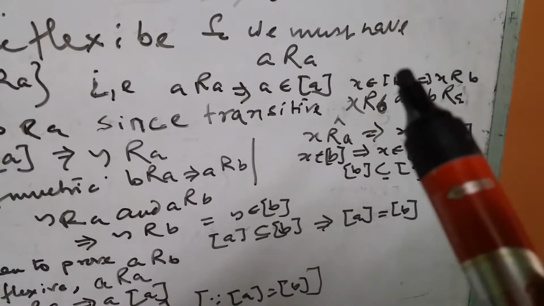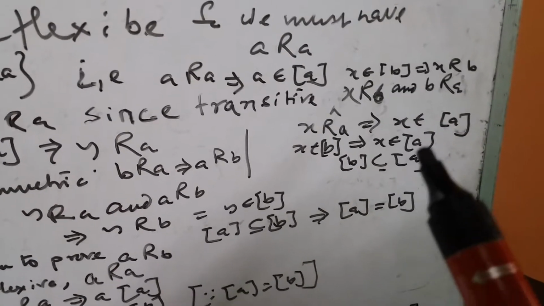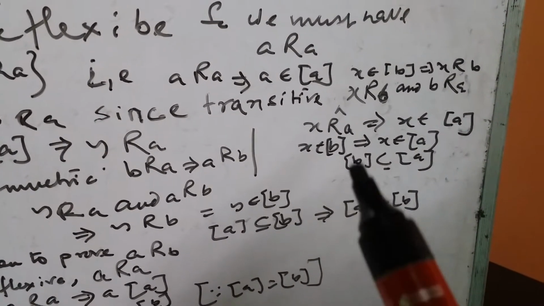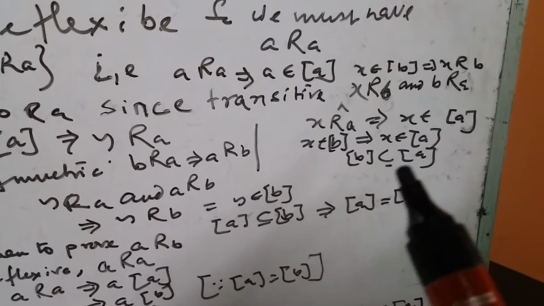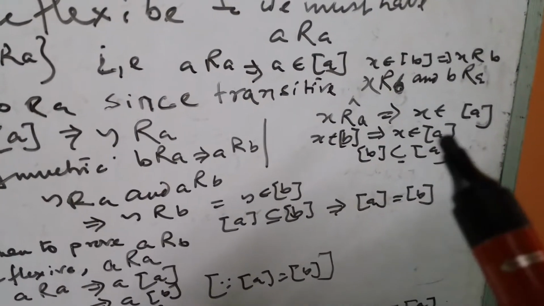So x belongs to [b] and x belongs to [a]. This means [b] is a subset of [a].